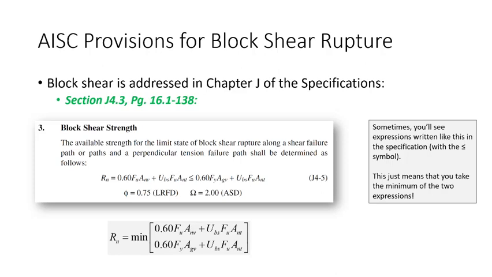All right. Now, I think the first thing that ought to be brought up is the anatomy of the equation, right? So if I just read section J4.3, it says, and I quote, "The available strength for the limit state of block shear along a shear failure path or paths and a perpendicular tension failure path shall be determined as follows," and then you get this.